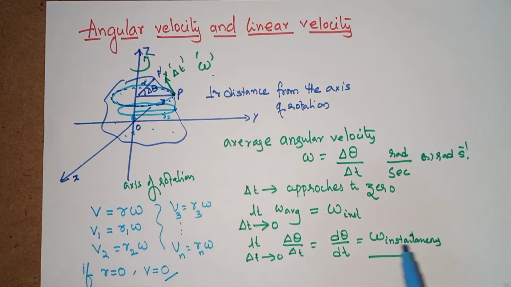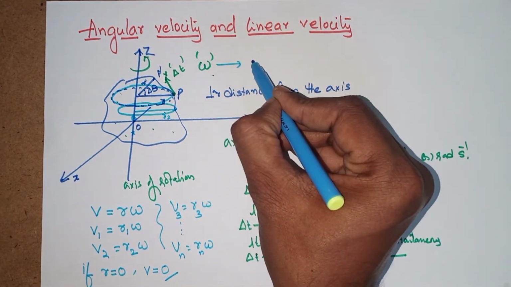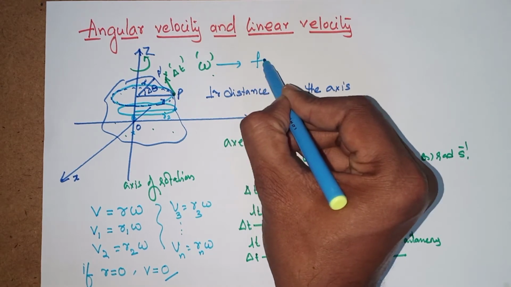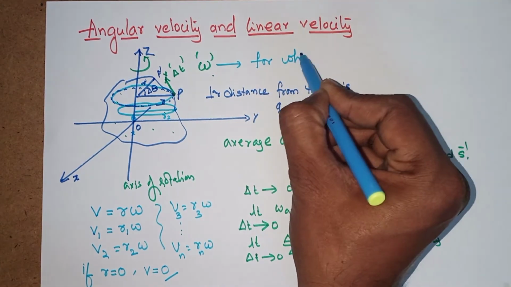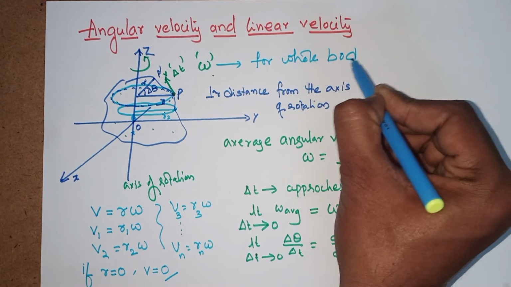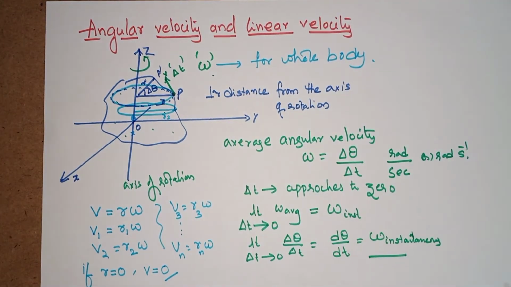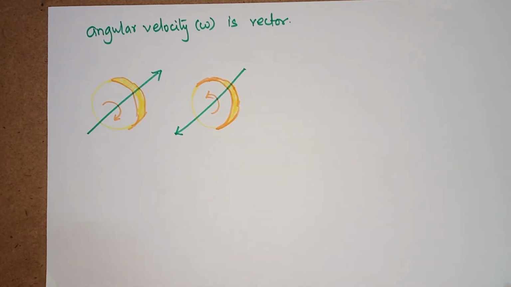Now we refer to the angular velocity, which is for the whole body. Here see the simple direction of the angular velocity omega.